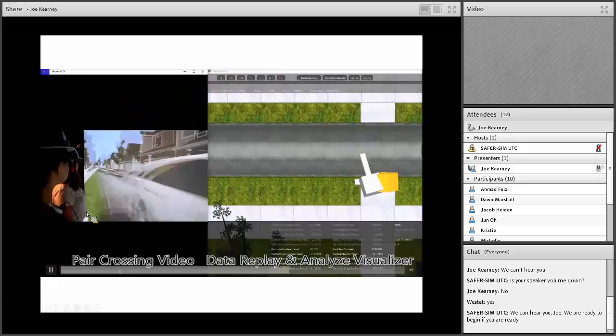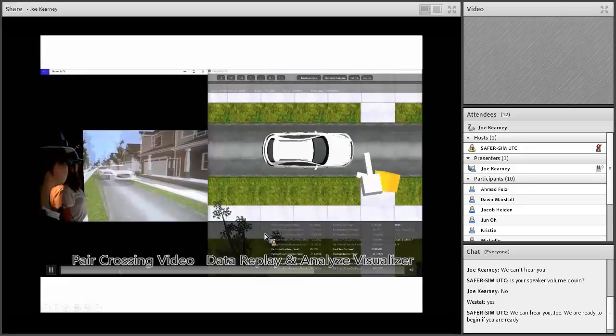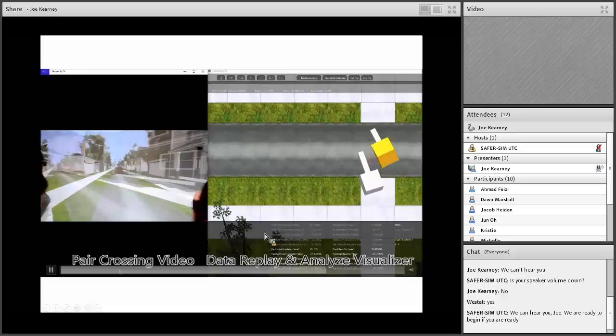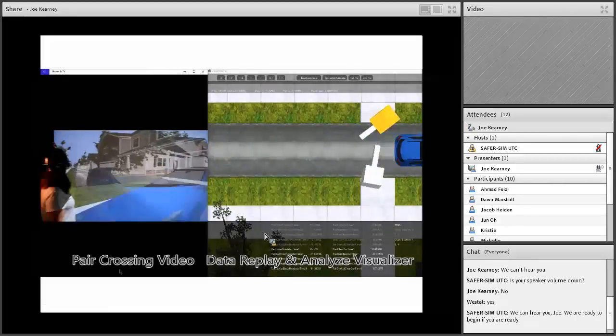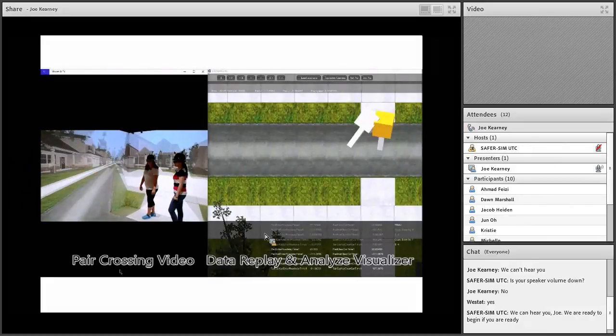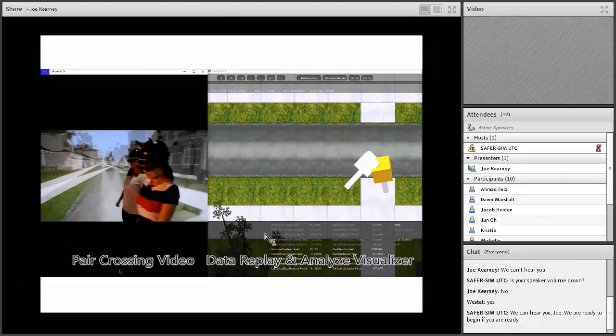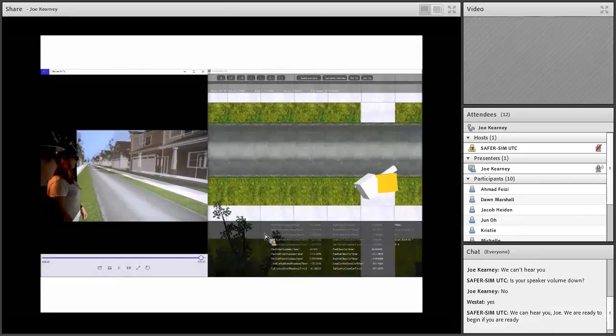So here is a replay and an animation that we produce after the simulation for inspection of the behaviors during the simulation. In the animation here on the right, those boxes represent the two road crossers, and that long nose you see in the box represents where they're looking as they're in the trial and the experiment.